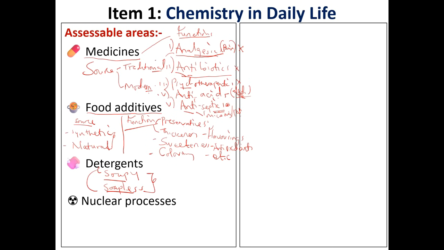We need to also understand how each one of these functions. How they function is the cleansing action. So here we look at the cleansing action, and we say that the cleansing action of soapy and soapless is the same. So they have the same cleansing action.